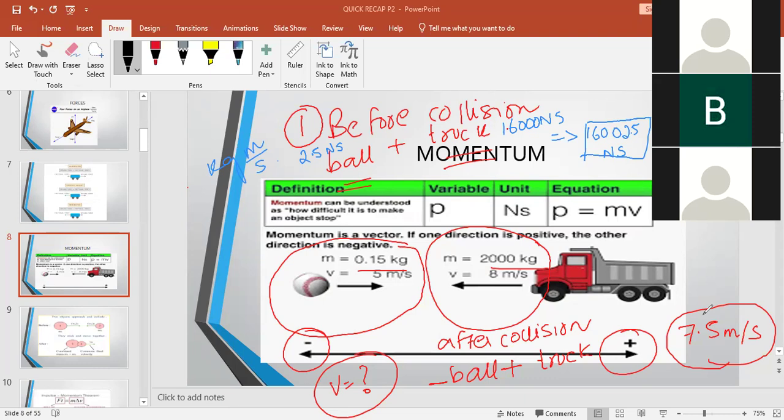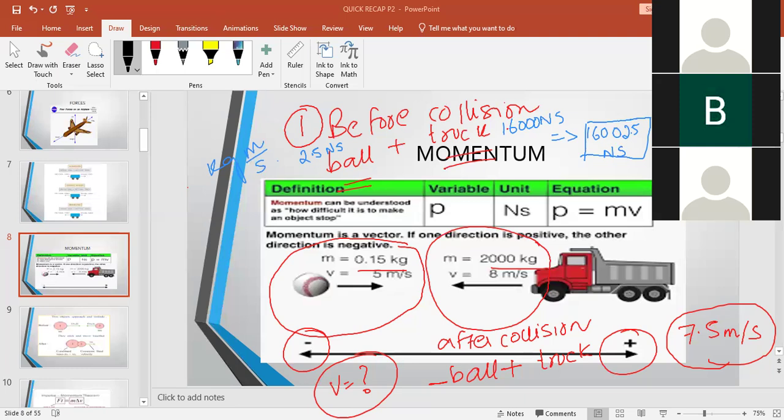M1 by V1. First of all, calculate the after collision momentum of the ball.